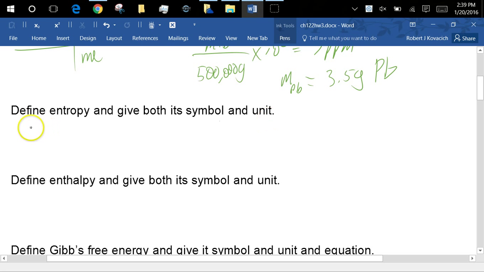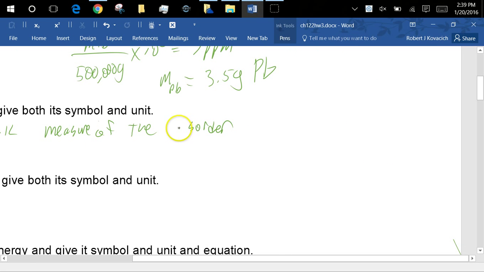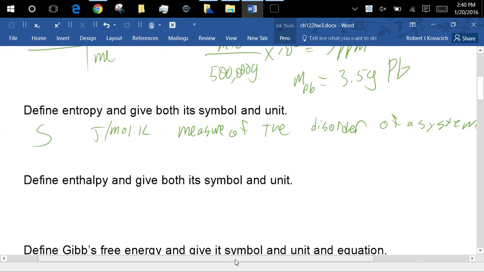So entropy, S, unit, joules per mole Kelvin, and it's a measure of disorder of a system. Okay, so then enthalpy is an H, and it's usually kilojoules per mole.